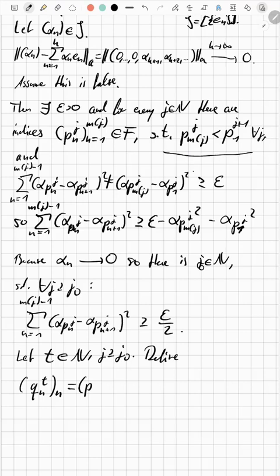Because we have this property, we just line them all up. So we begin with the first element of the jth sequence. We go all the way to the last element of the jth sequence.